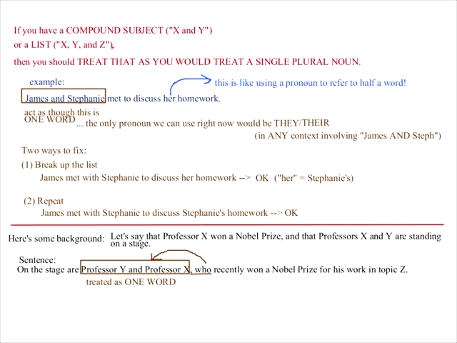Does anybody know how you could fix this? In the text box, if you've got any fancy ideas for how to fix it, and still keep it as one sentence, then go ahead and type. Both of whom doesn't work because that's incorrect. The context is that Professor X won a Nobel Prize.